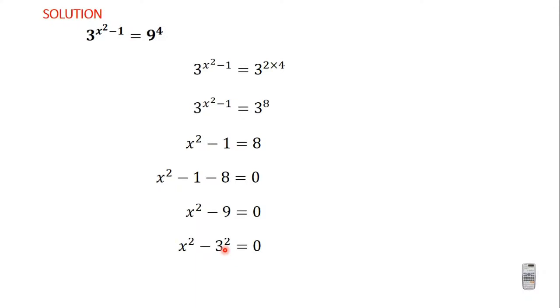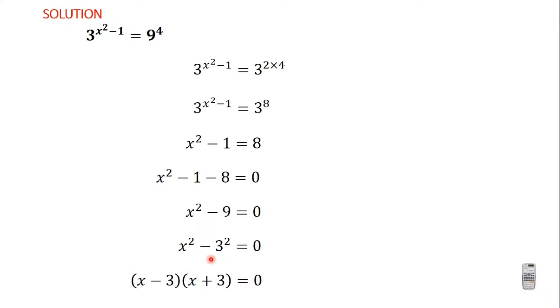In that video, we learned how to expand difference of two squares, so we are going to use what we've studied in that video here. To expand this difference of two squares, you have x minus 3 in one bracket, then x plus 3 in the other bracket is equal to 0.